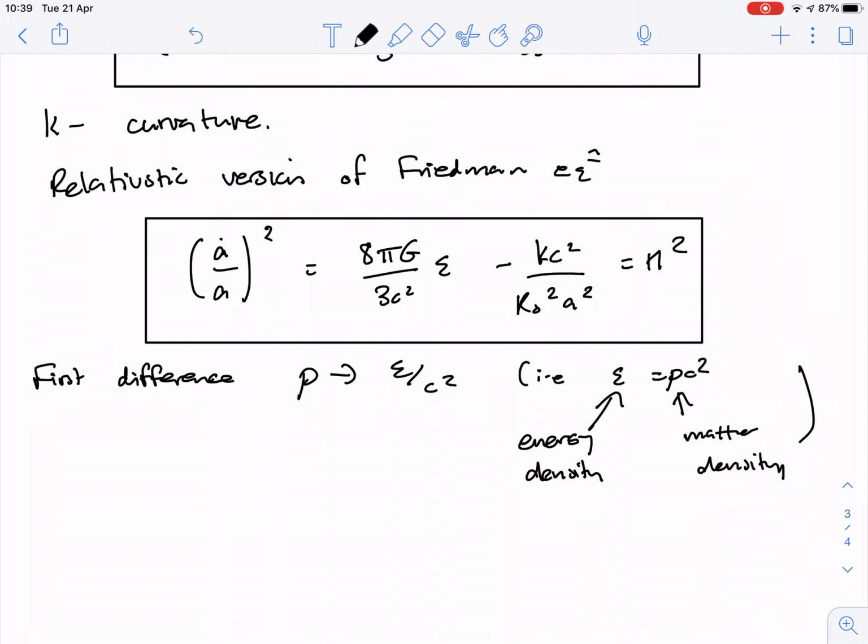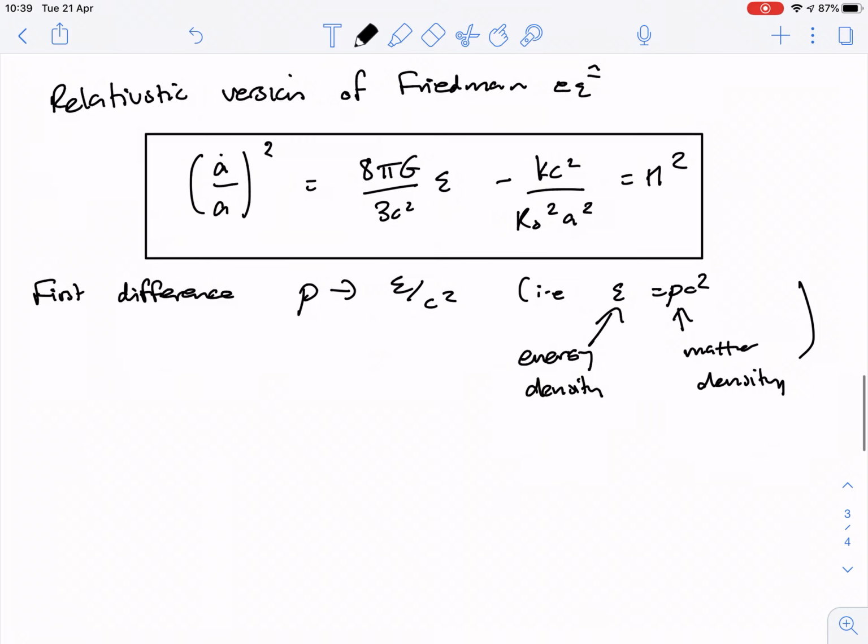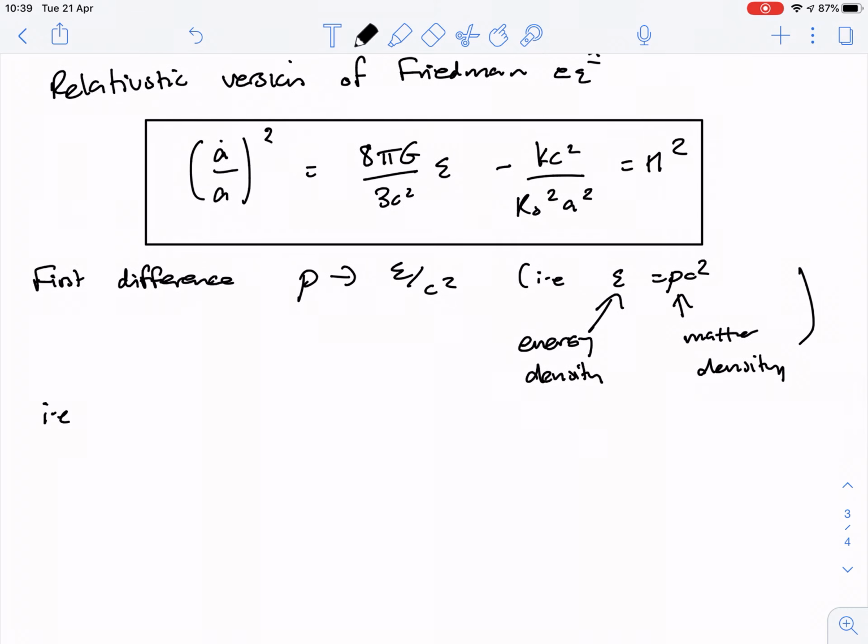And that's simply to allow for the fact that photons have energy density. So, i.e., from special relativity, we know that E squared equals m squared c to the 4 plus p squared c squared.